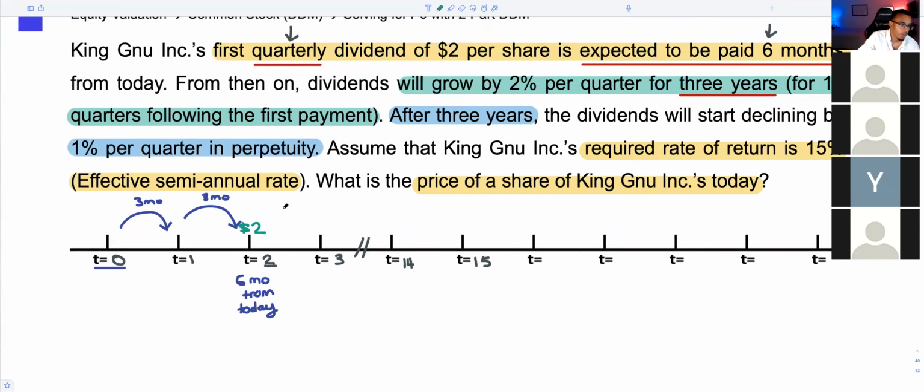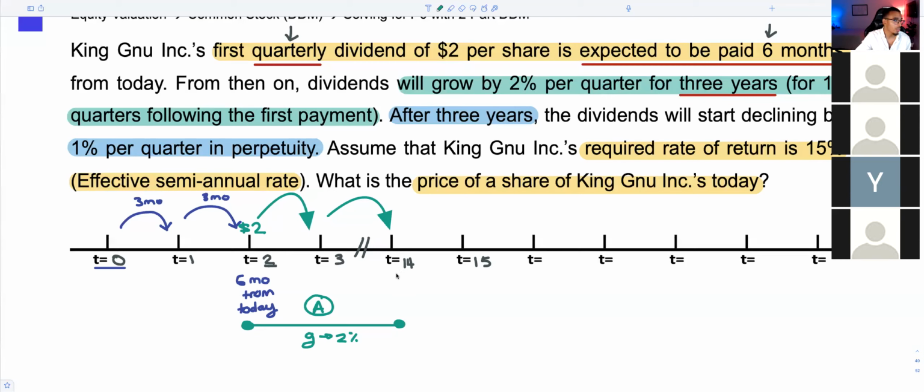So we could draw it up somewhat nicer, such that this would be the last step of our first part, where it's growing by 2% per quarter. This would be our first part. Our first part would end right here at T14.